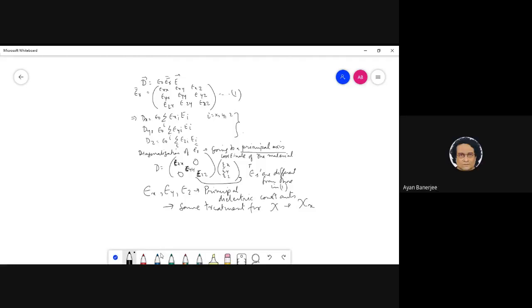When we are doing the diagonalization, we are basically going into the basis of the eigenvectors, right? Correct. So Ey, Ez also will be different, basically the transformed ones.